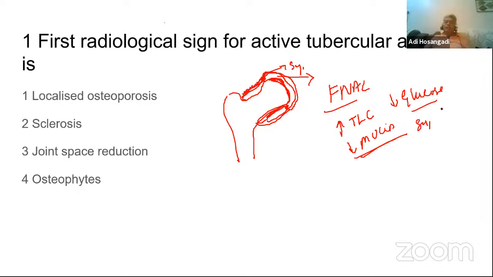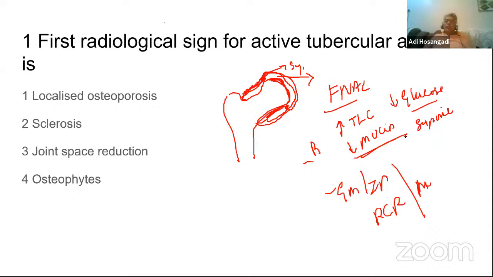Please remember this. So whenever you aspirate the joint, you can look for biochemical markers, or do Gram staining, ZN staining or PCR. All this can be done for microbiological establishment of the diagnosis. These are the indirect biochemical parameters.